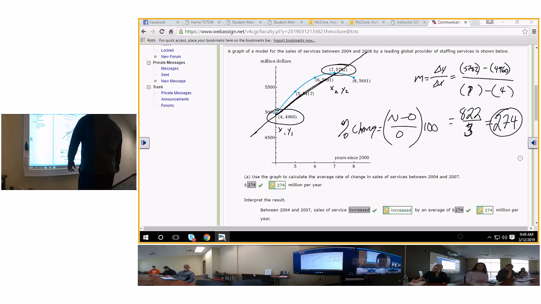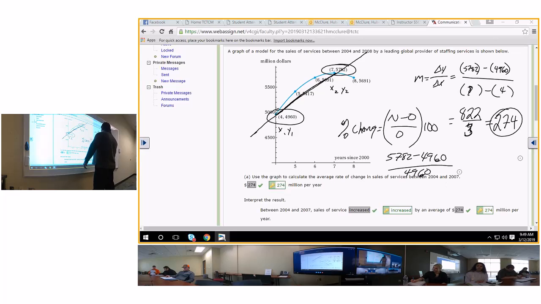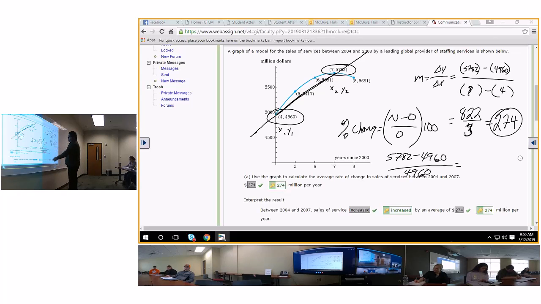So your new is 5782 minus 4960 over 4960. And somebody give me that decimal to 2 places. It's going to be positive because there's not a negative there.